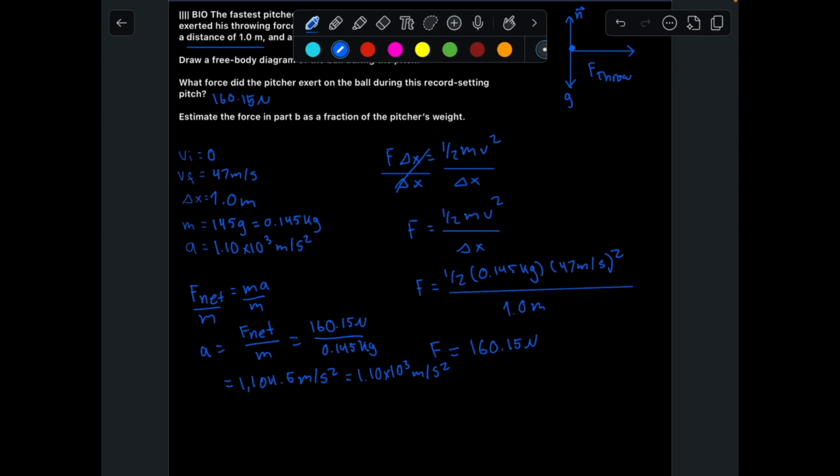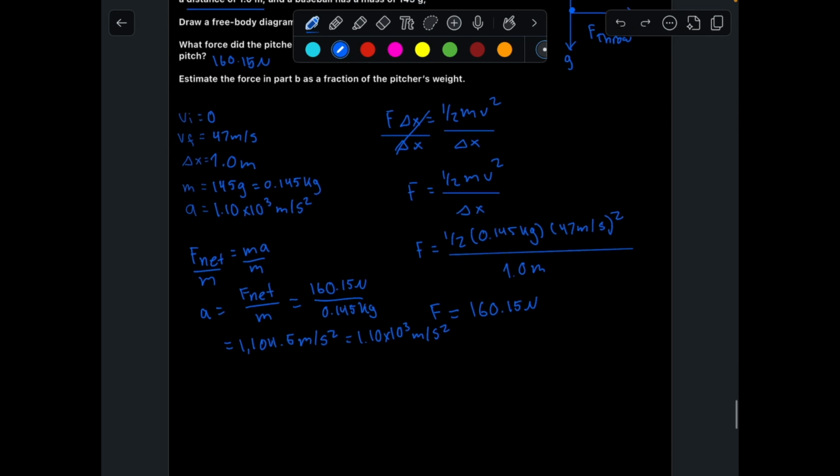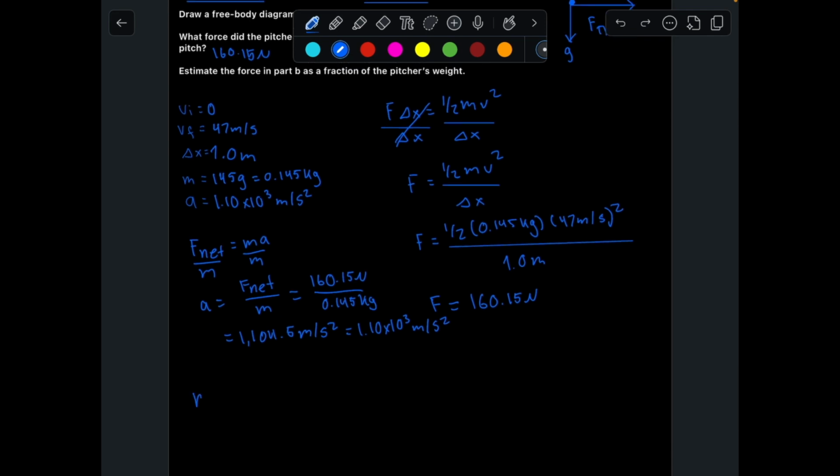Perfect. Now the second part of the question is asking for the force as a fraction over the weight. We're not given any information about the pitcher's weight, so we'll actually go ahead and estimate it and say that he has a mass of 80 kilograms. He's not super big, he's not super small.